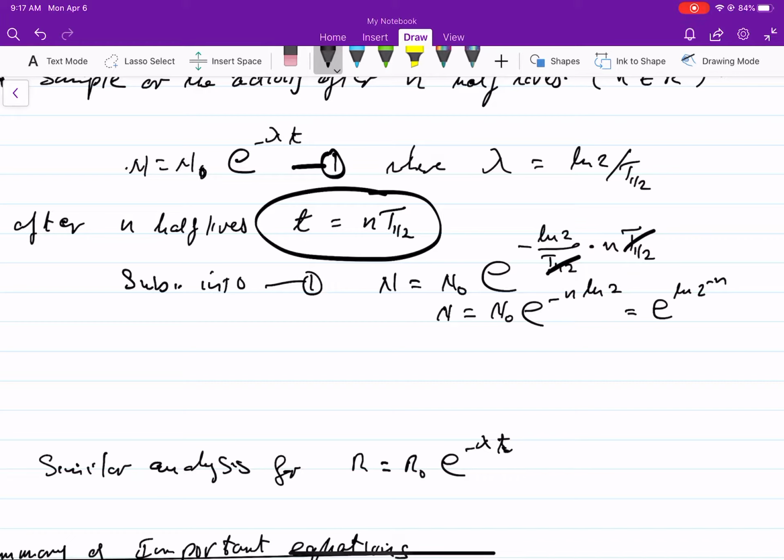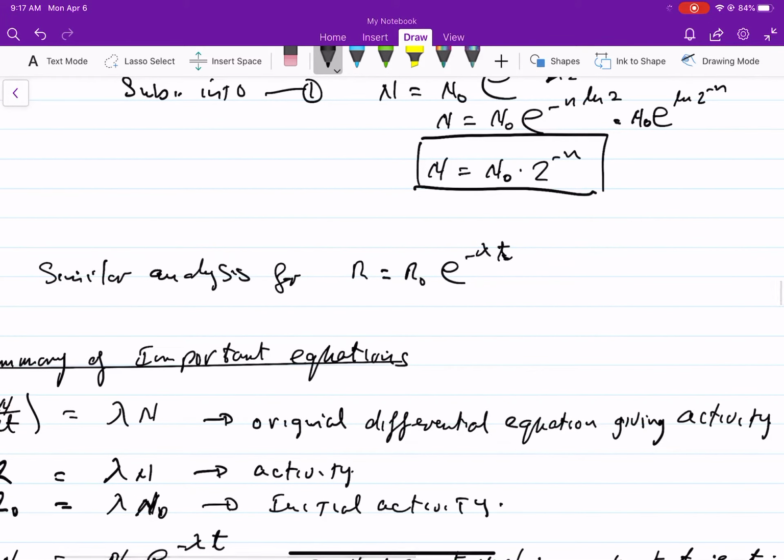And therefore, I'm forgetting my N0 in front there. And therefore, N is equal to N0 times 2 to the minus n. Doesn't depend on time at all.